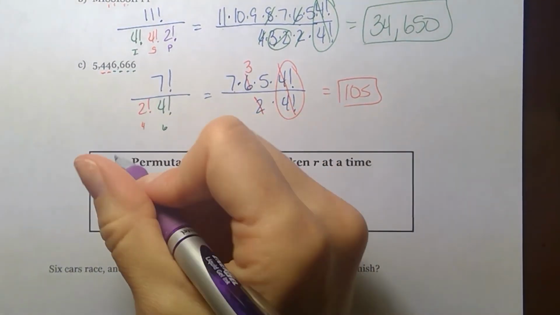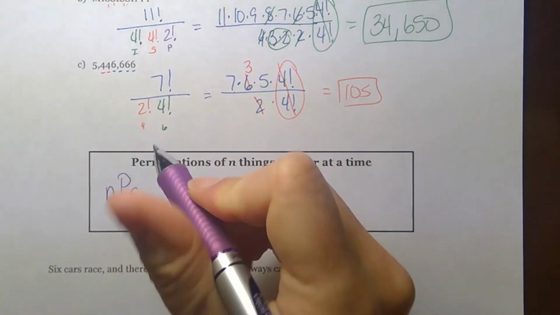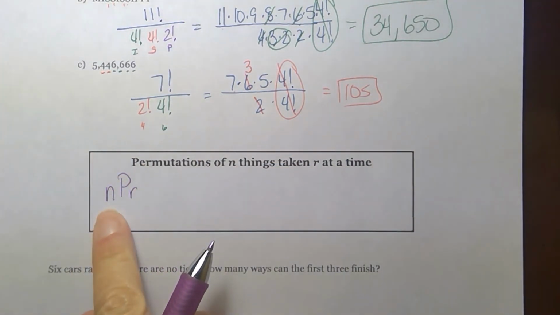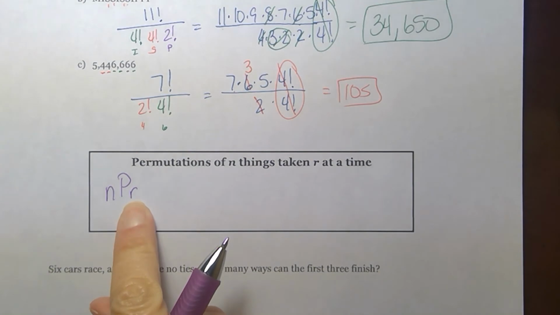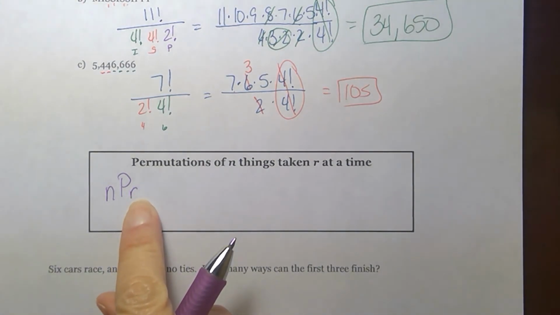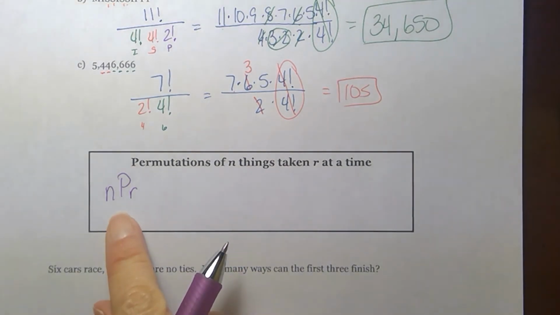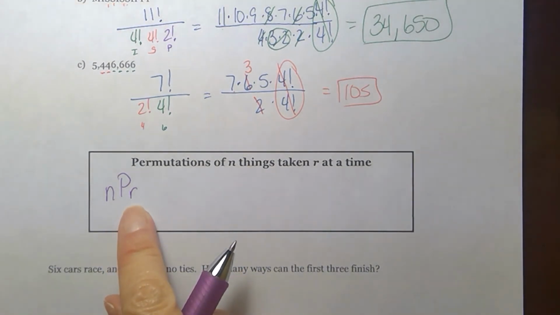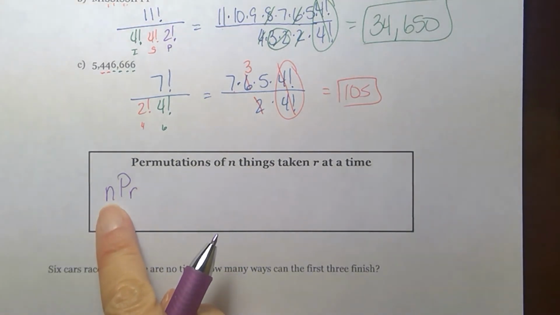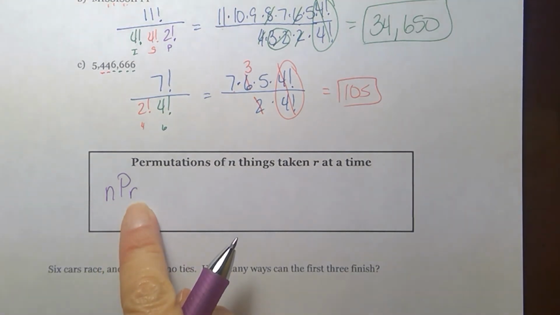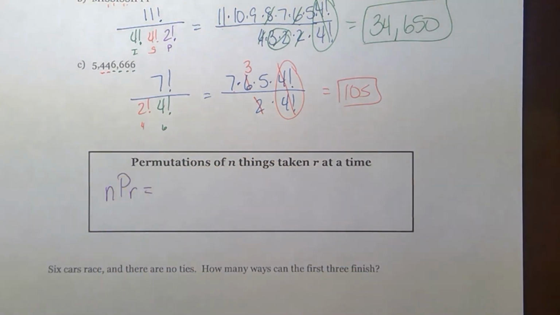My definition of permutation is, I always say n pick r. I'm starting with n things. I'm going to pick permutations of r of them. So for example, when I had my 15 club members and I was picking 4 officers, n would be 15, r would be 4. Let's write out the definition and then I'll show you that example.